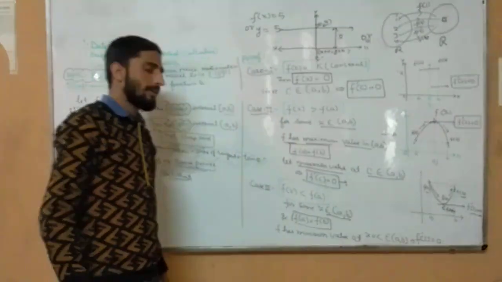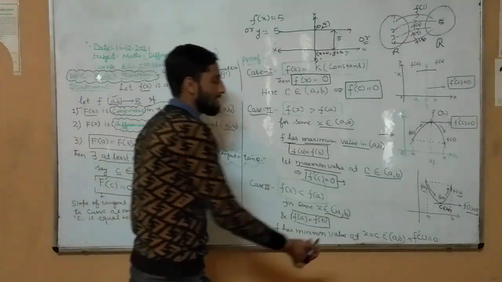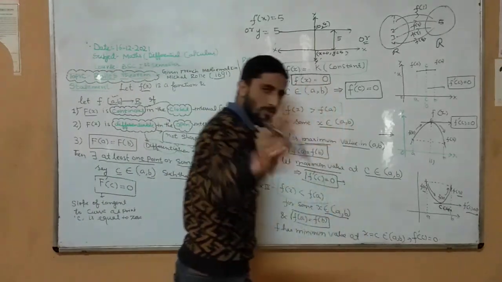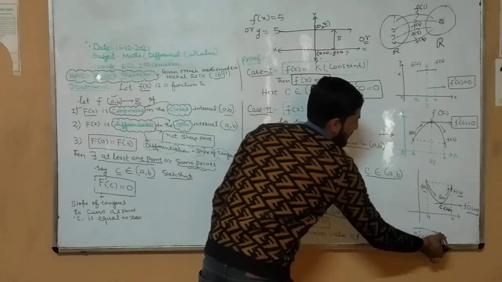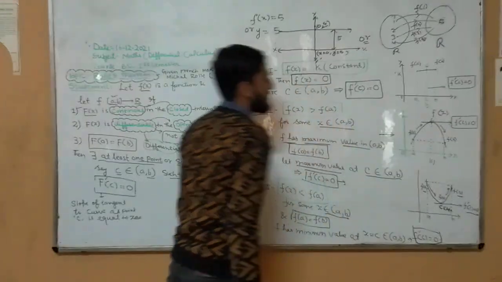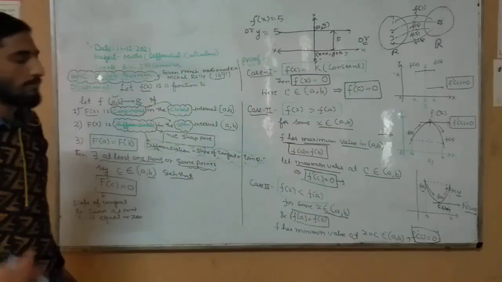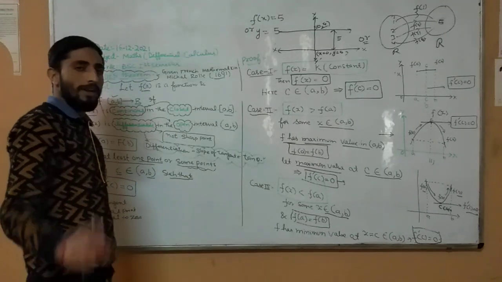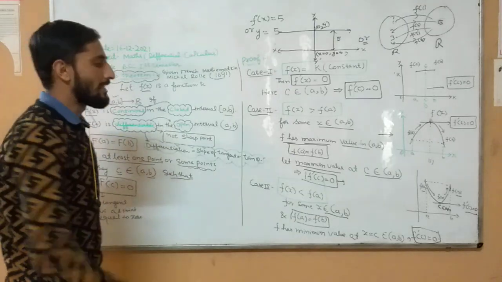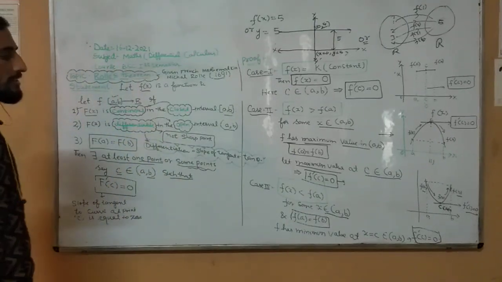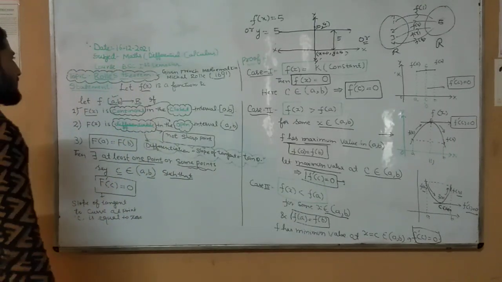Here f has an extreme value at x is equal to c, where c belongs to (a, b), but f'(c) is equal to 0. It means the derivative at that particular point is equal to 0, which gives us the slope of the tangent at that point.